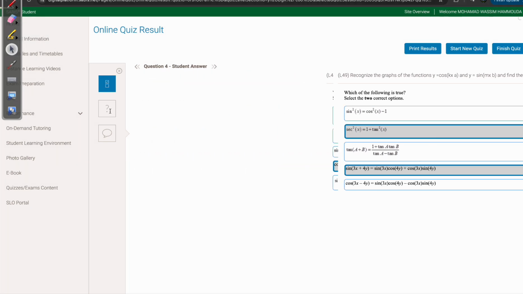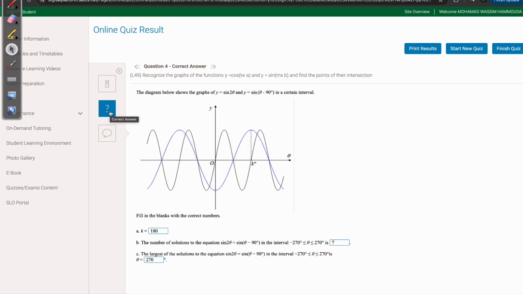Number 4. The diagram below shows the graphs of y equals 2 sine theta and y equals sine (theta minus 90) in a certain interval. Now look, let's get the table of a normal sine graph. Period for sine is 2 pi. Quarter of a period would be pi over 2.